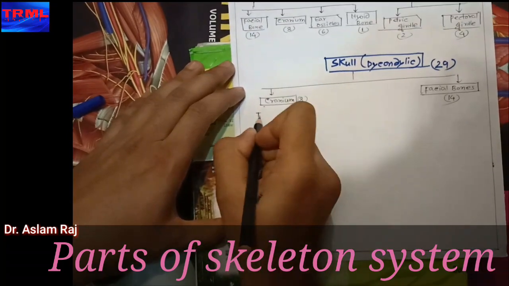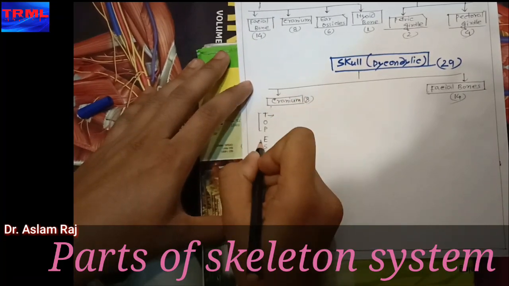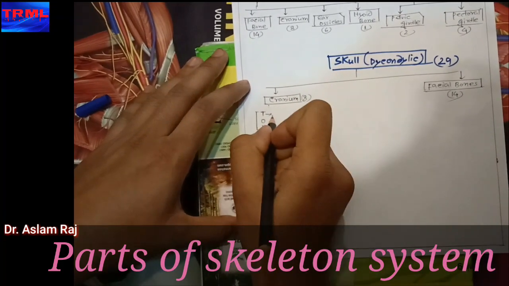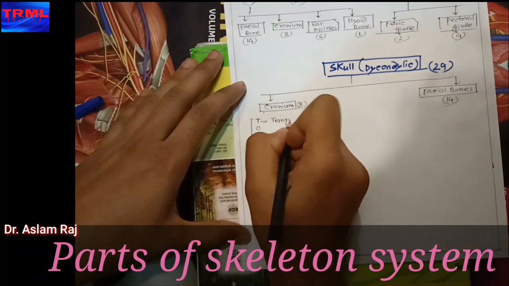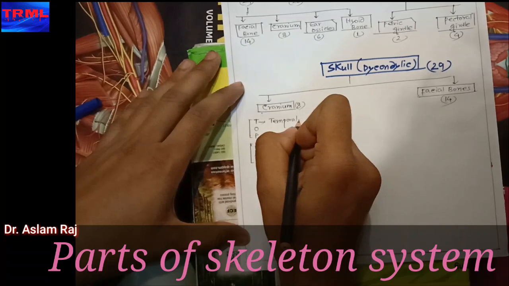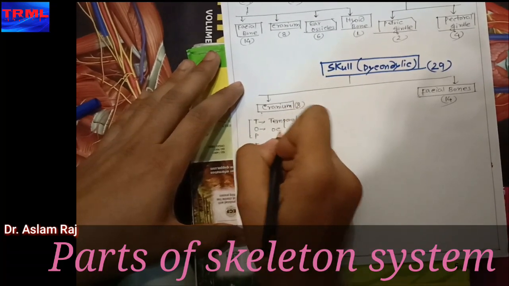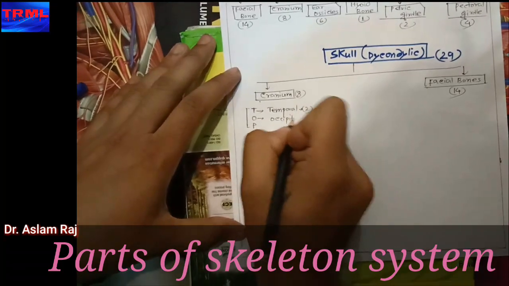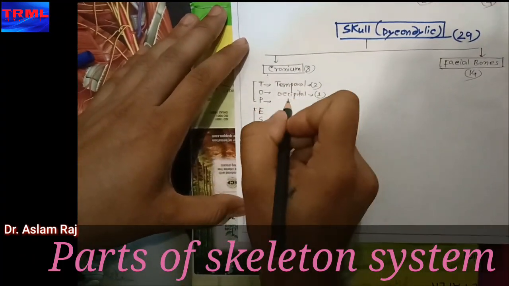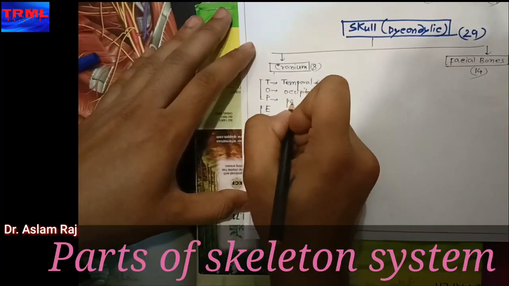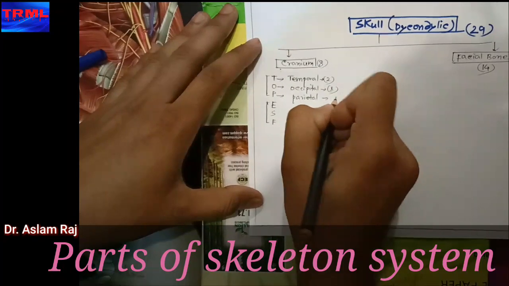T for temporal bones, a pair of bones, number of bones 2. O for occipital, a single bone, 1. Then parietal, also a pair of bones, 2.